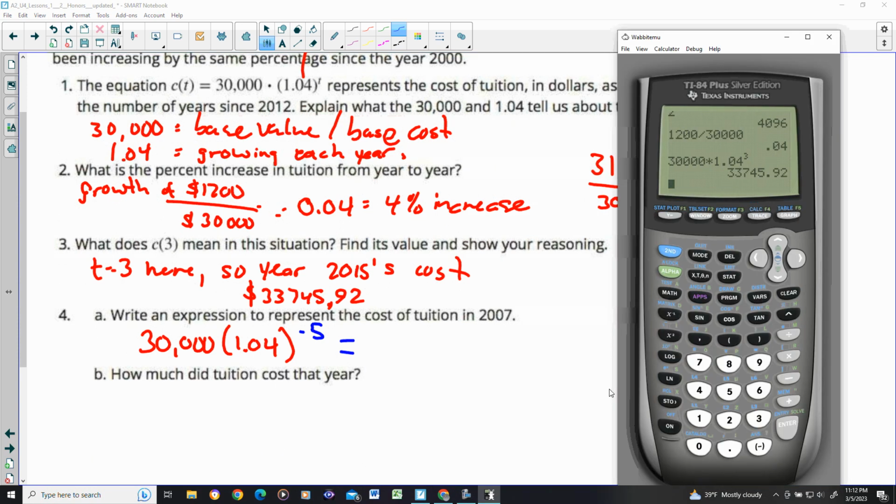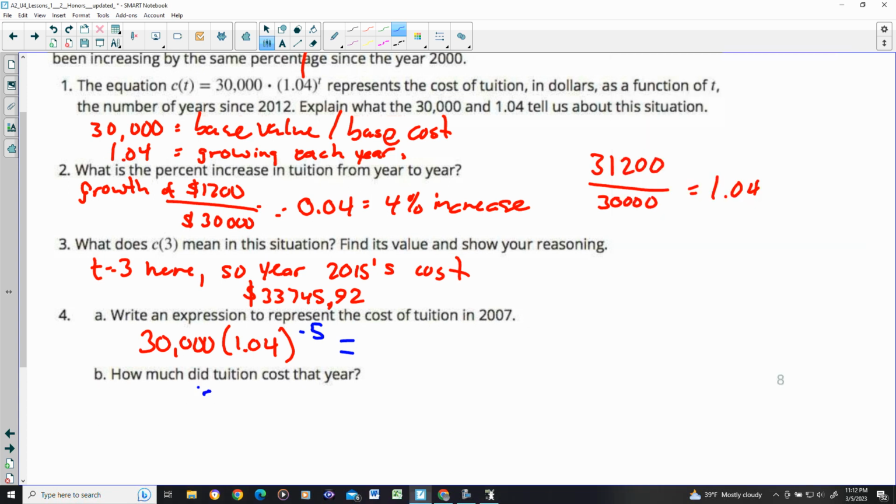And now we can actually calculate this. So let's go ahead and do it. 30,000 times 1.04, and we can do an exponent of negative, not point, negative 5, wrong negative sign, and we get 24,657, which is smaller than the current tuition. Because, as you can imagine, we're undoing several years' worth of growth.